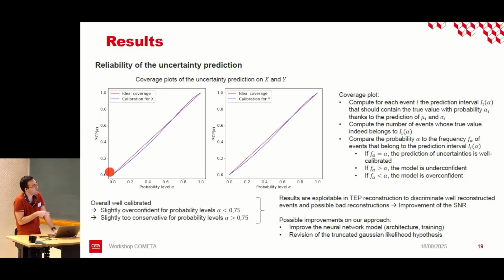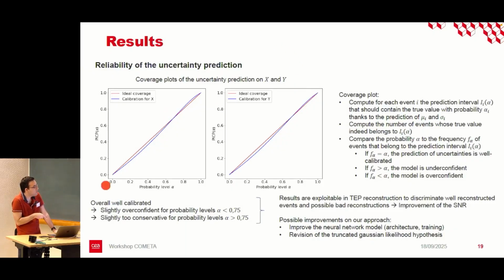What we expect is the red curve, the diagonal curve, which represents a perfect calibration. And in blue is the calibration that we obtain with our model. So we can see here that for both positions, X and Y, we obtain a quite correct calibration. So it means that we can trust the uncertainty.